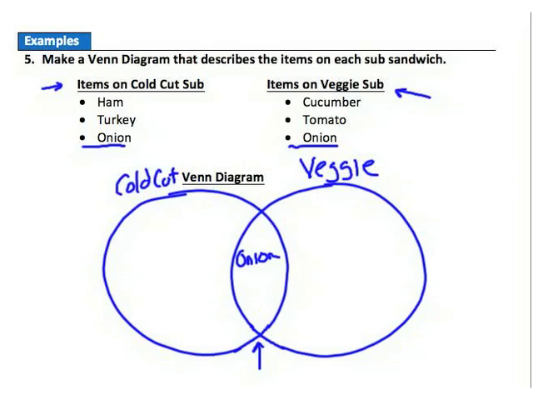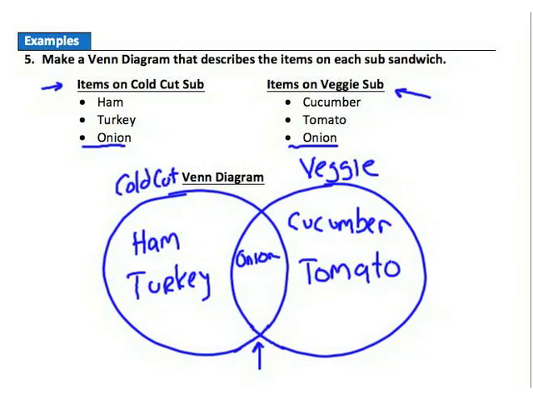So that's going to go over here, outside of the overlap. And that's going to tell us that that ham and that turkey is only on the cold cut sub. And you can see on the veggie sub, we also have cucumber and tomato. And those are not on our cold cut sub. So to create a Venn diagram, the things that are in common go in the center. The things that are unique to each of the sandwiches go outside the overlap.